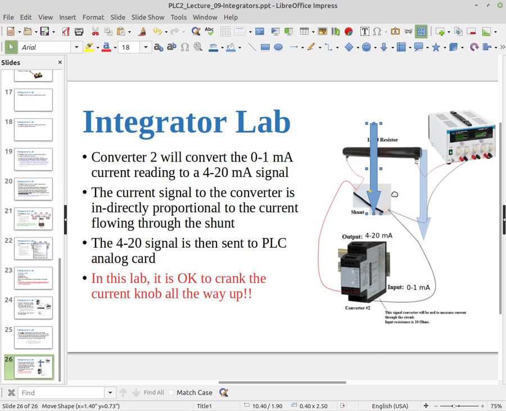These two are in parallel, and we know the resistance of the ammeter. The ammeter is going to be reading the current, and so we'll know exactly how much current total is flowing through the load resistor up here. So this is our big load resistor, and we're going to heat this thing up.